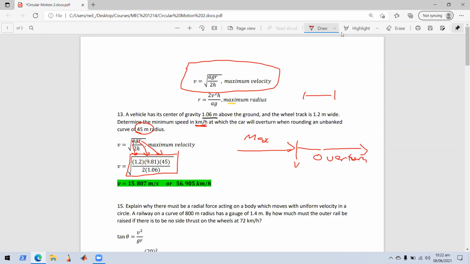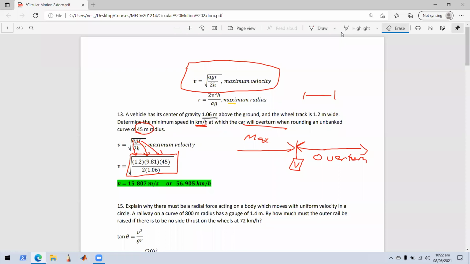So the minimum speed it will overturn is right there, at that point. So this is the minimum speed at which the car will overturn. This here would be the max velocity where the car could take the turn without overturning, right? Yes, sir. I now understand what it's asking for. It's asking for the minimum overturn speed, meaning the lowest speed that is going to overturn the car.